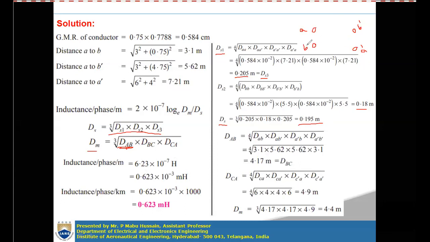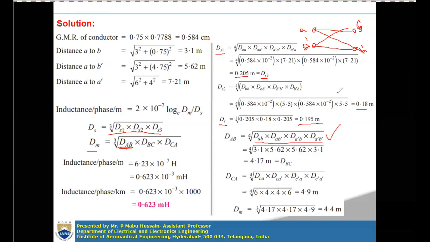Let us call A dash here, B dash here. So A to B, and this will be B and this will be B dash. So A to B dash, two mutual distances. Then A dash to B and A dash to B dash. Those products are AB, AB dash, A dash B, A dash B dash.